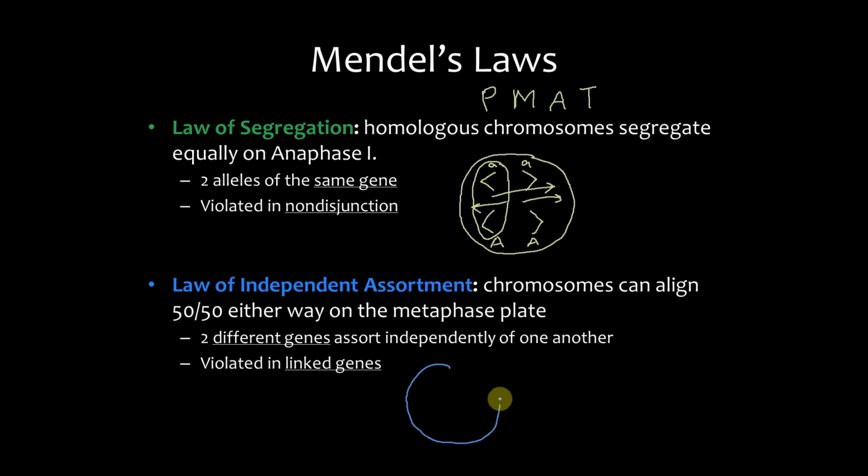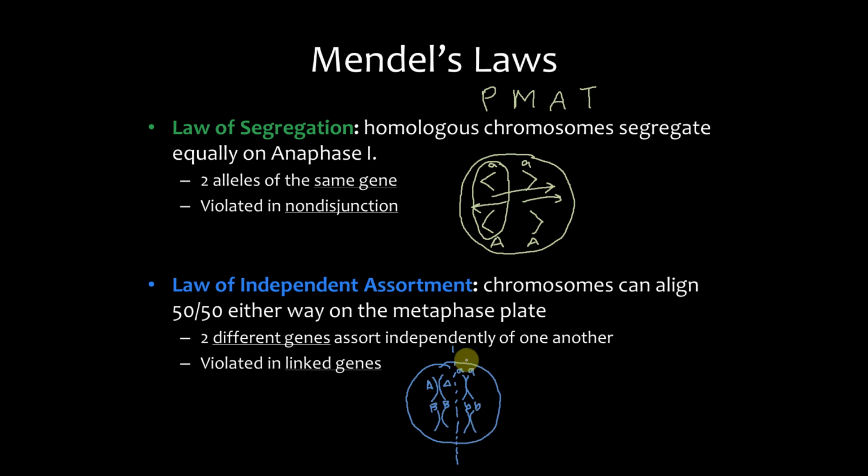We have our cell, and here are our chromosomes with sister chromatids, and this is big A, and this is little a, this is big B, and this is little b. So here's metaphase 1.